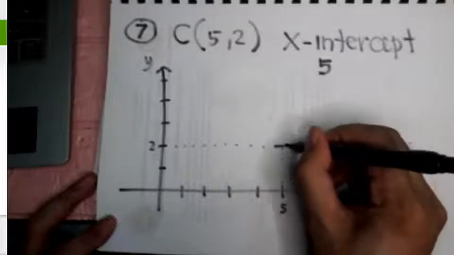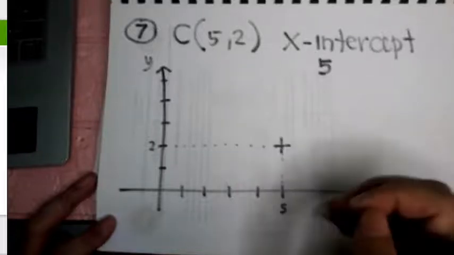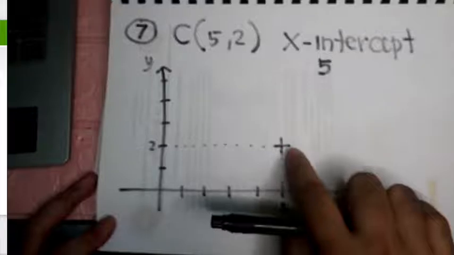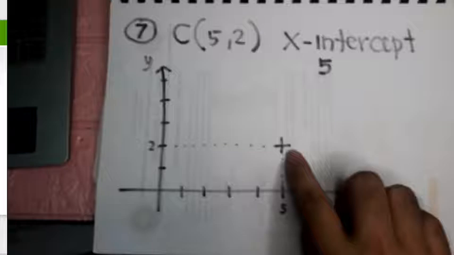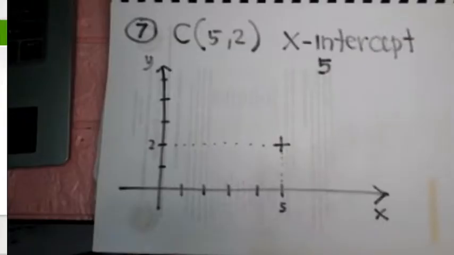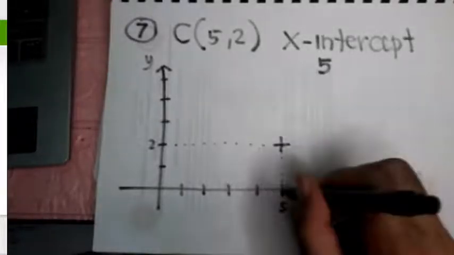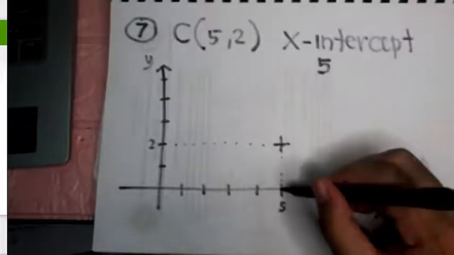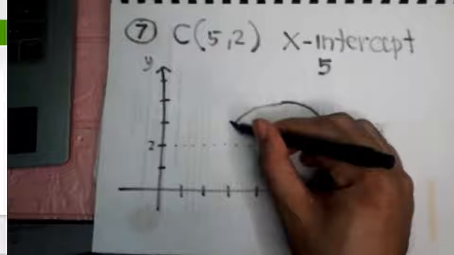We have this center, and we have the circle here. The x-intercept is 5 here. Therefore, the circle is going to be like this. Please assume that this is a perfectly drawn circle.